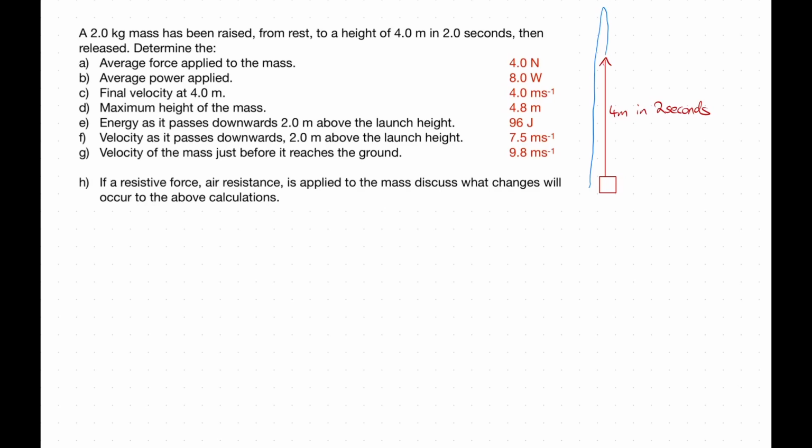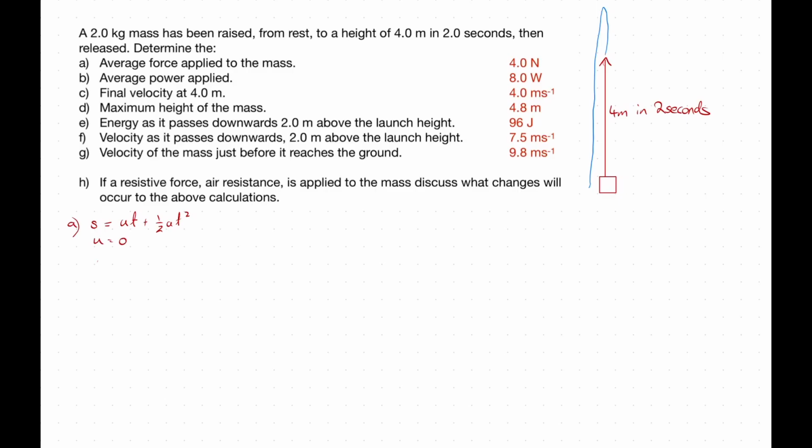to it. So force is equal to mass times acceleration. We don't have an acceleration, but we do have a displacement in a period of time. So that means we need to use our equations of motion. So for A, we're going to say that our displacement is going to be equal to ut plus half at squared. Our initial velocity is 0.